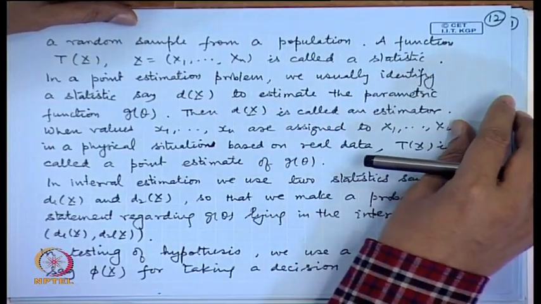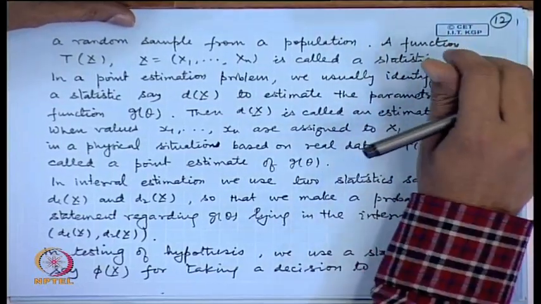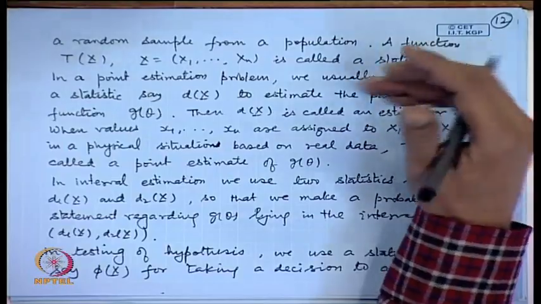In a point estimation problem, we usually identify a statistic, let us call it d(X), which is called an estimator of the parametric function g(theta). For example, suppose we have a Poisson model with rate lambda and we are interested to estimate 1 by lambda. So my parametric function is 1 by lambda.